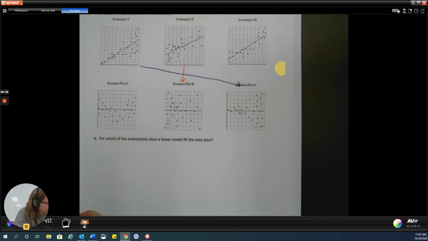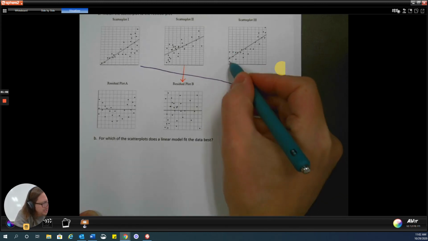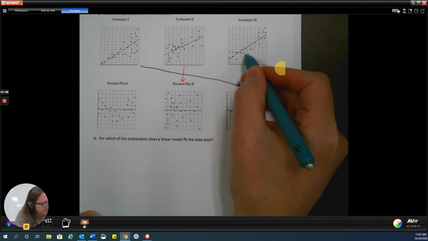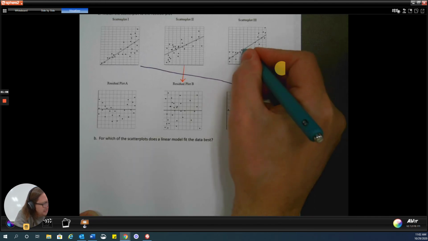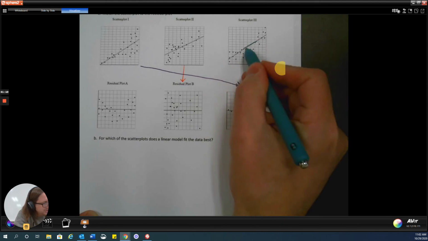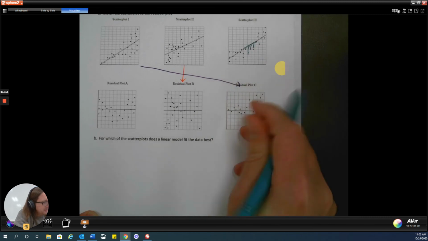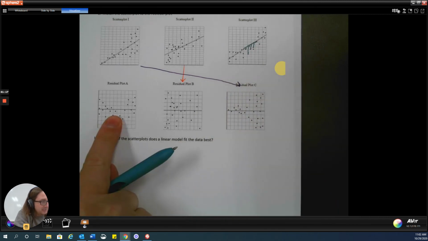Last scatter plot. I wonder which one this one's going to go with. Let's see. What I notice here is my residuals, I got some above, some below, some above, some below, and then all of a sudden in this section, from here to here, all the residuals are below the line. And that's what's happening here.